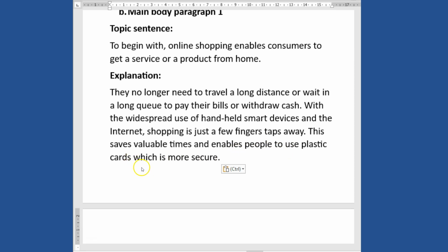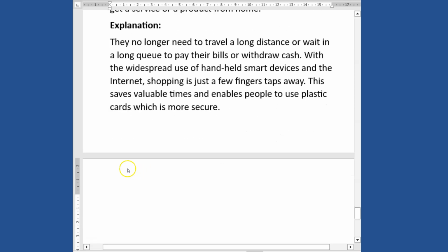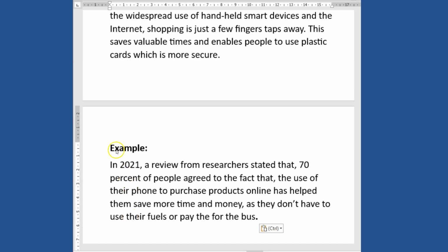So after writing my explanation, the next thing is to buttress it with an example or just go about further explanation just to put more emphasis on what I just said. So let's go to the example sentence. Right, this will be our example.